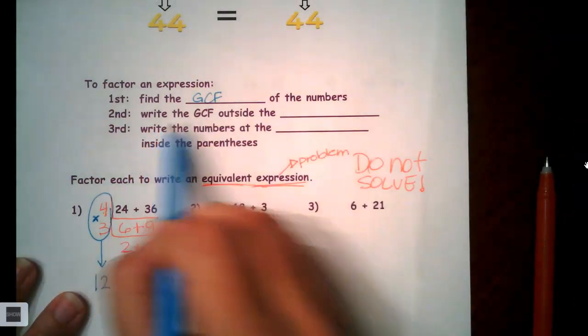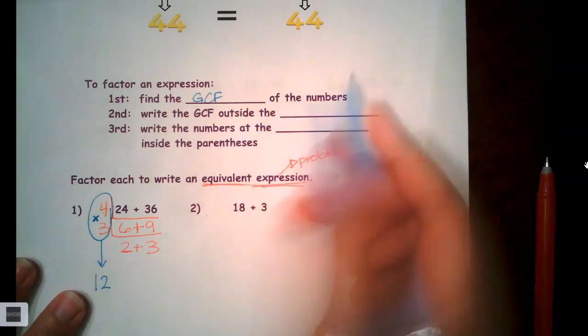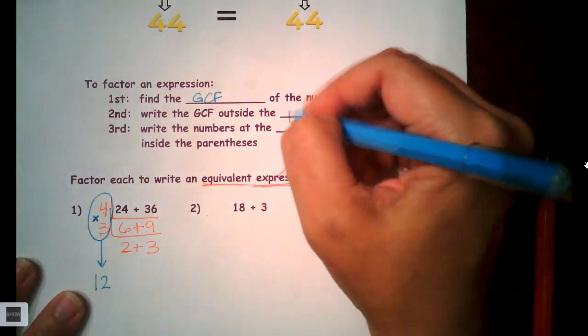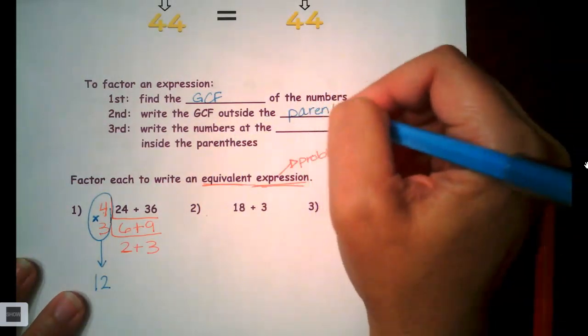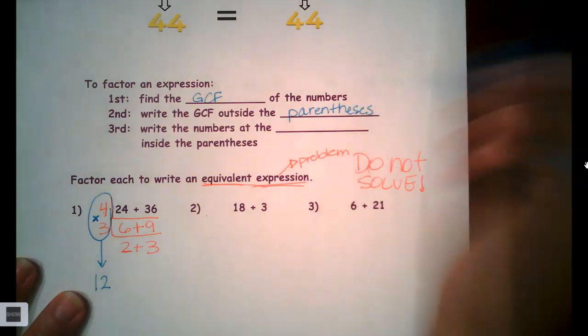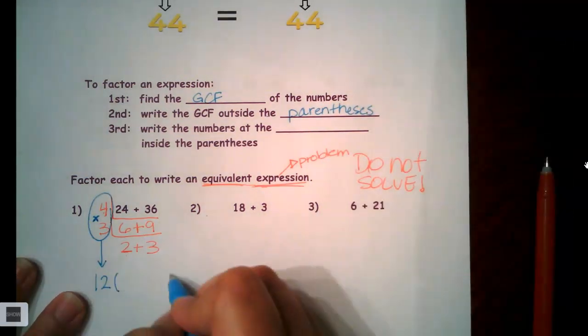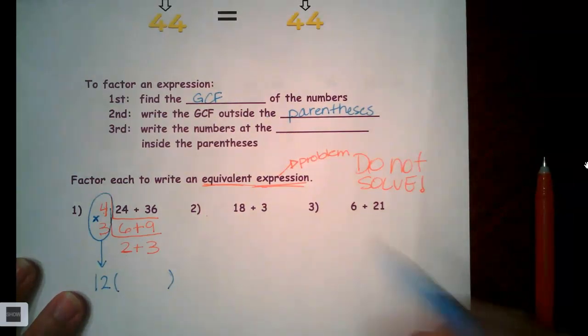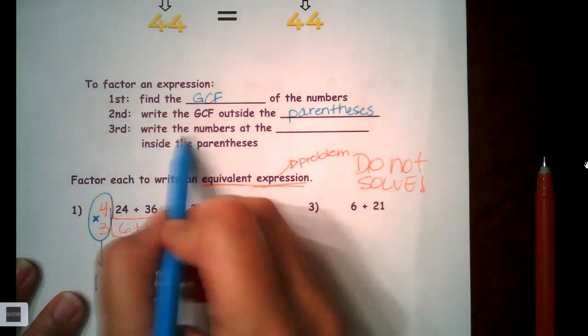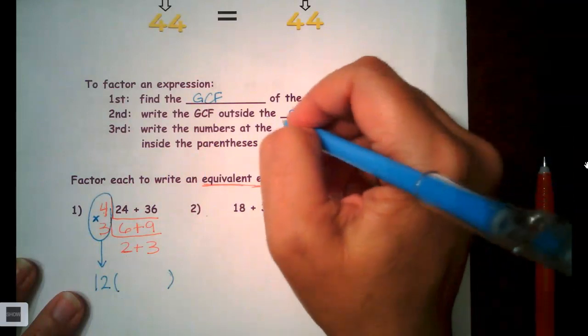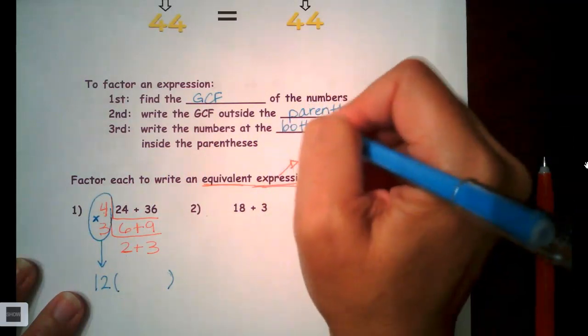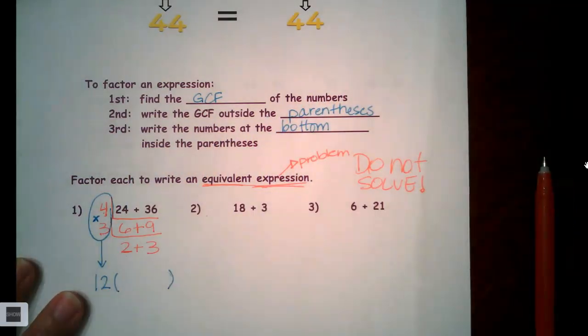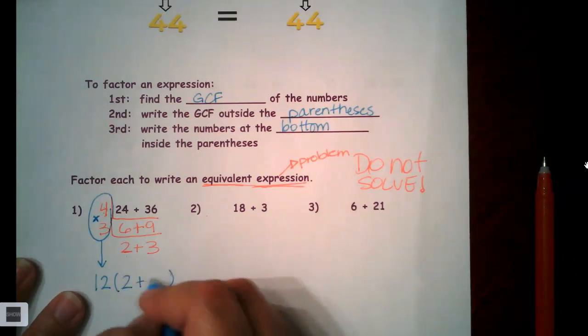Second step, you're going to write the GCF outside the parentheses. So that means you're going to put parentheses. And the next step says to write the numbers at the bottom inside the parentheses. All right, well, the bottom of your bobsled is right here, so you write 2 plus 3.